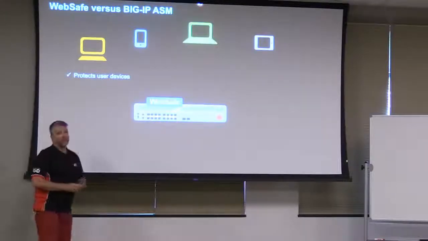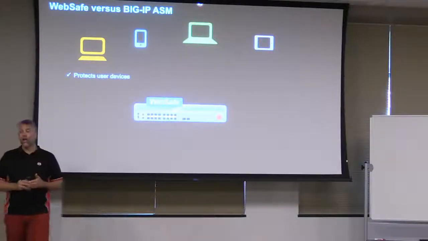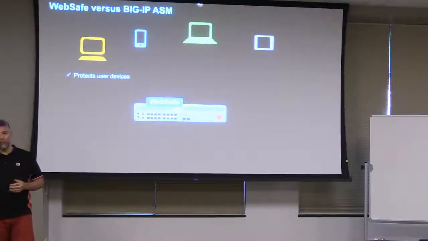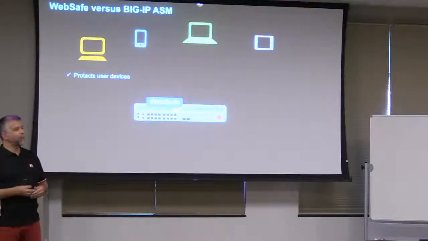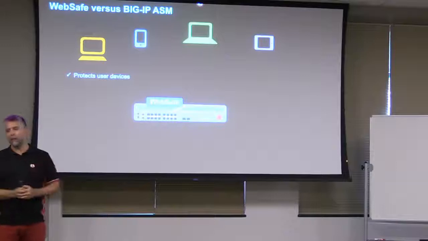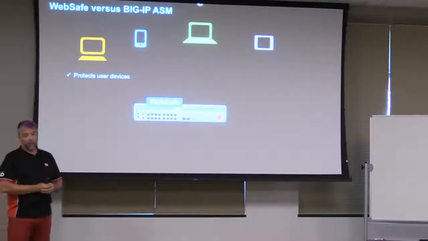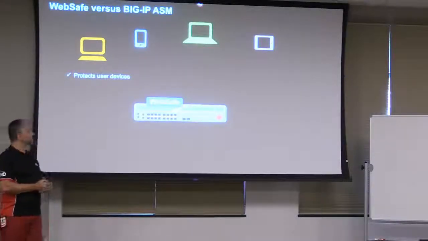Again, what WebSafe does is it's designed to help and monitor endpoint devices. My customers' devices, their mobile devices, their laptops, whatever they're using to log on to the Bank of America online banking page. And it does it using client-side JavaScript insertion into responses.